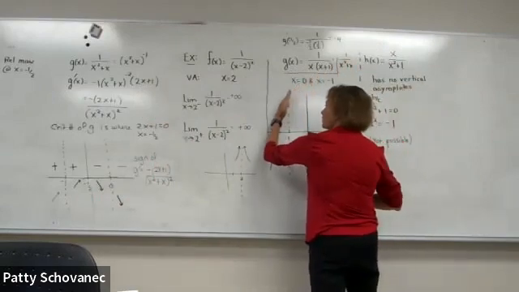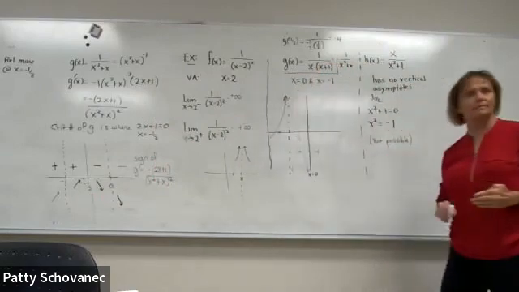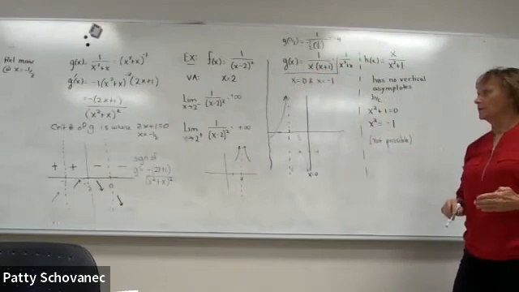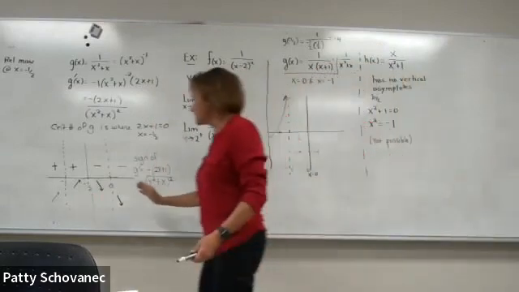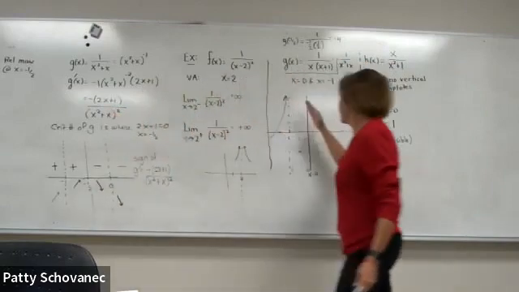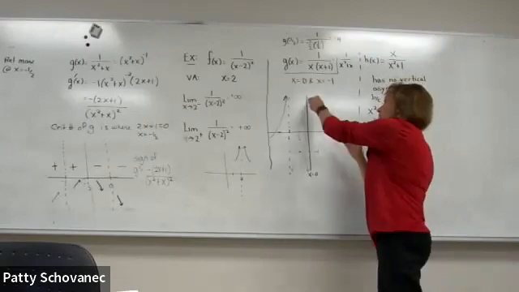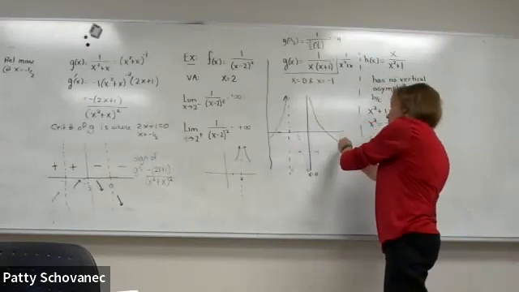So it's going to have to go to +infinity up there, kind of like that, right? Then to the right of 0, the graph has to decrease. So in order for it to decrease, it's got to look like that over here as well, right? So it's going to have to do something like this.